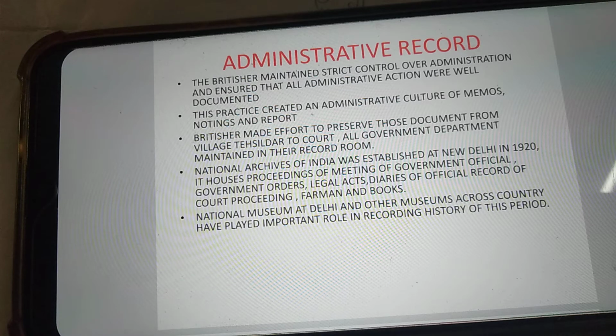them in their record room. The National Archives of India was established in New Delhi in 1920.